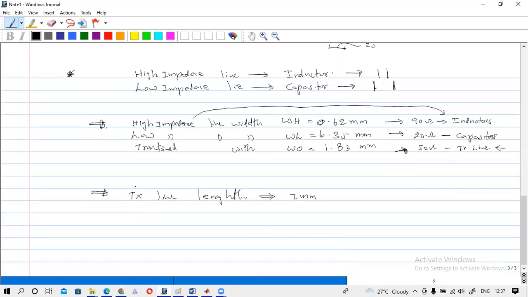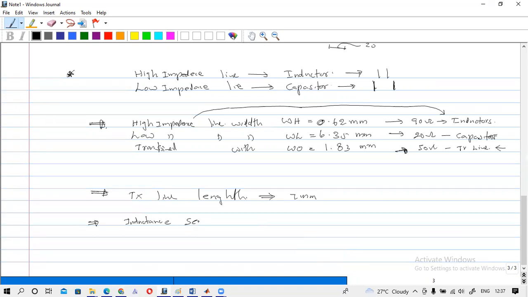Now I need to calculate the length for the high impedance inductance section, and also the length for the capacitance section.